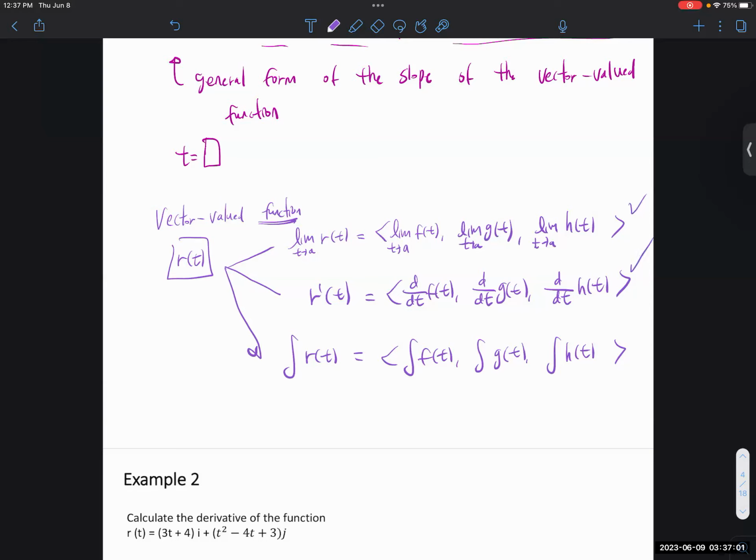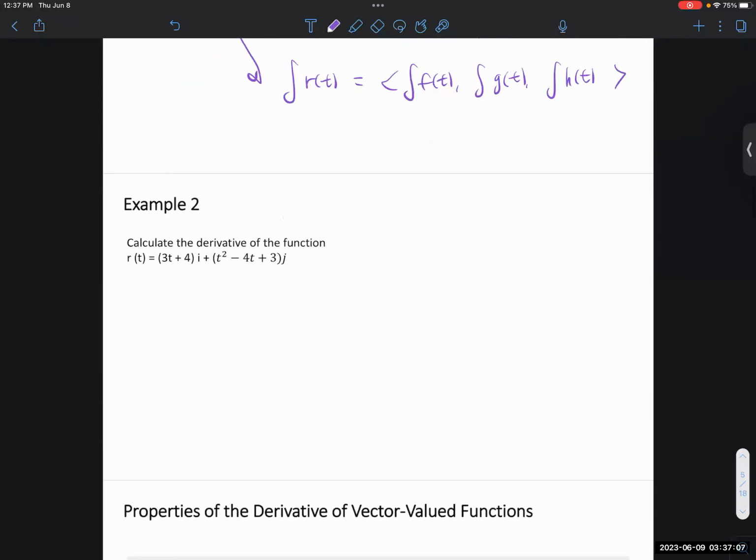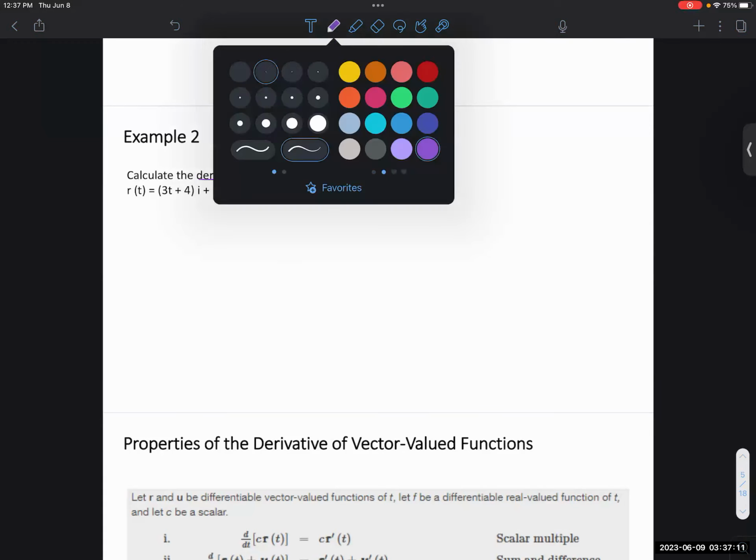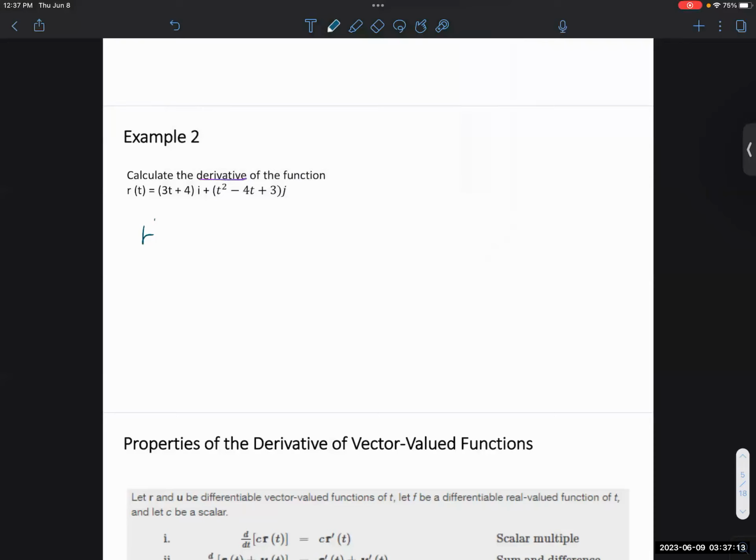Okay, let's go quickly to the next example. Now they want you to calculate the derivative. So what are you going to do? Let's take a look at r prime t. The components here are 3t plus 4, comma, t second minus 4t plus 3.